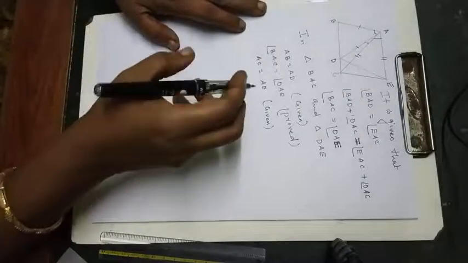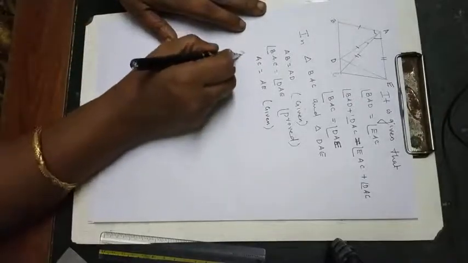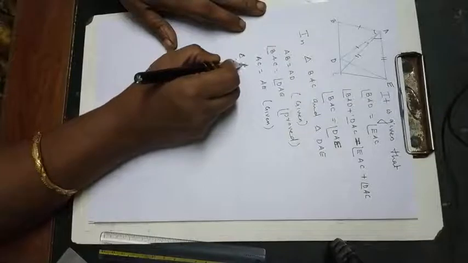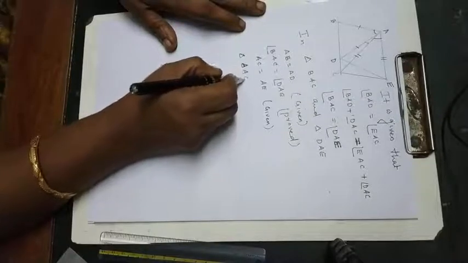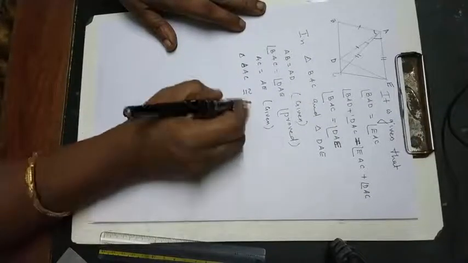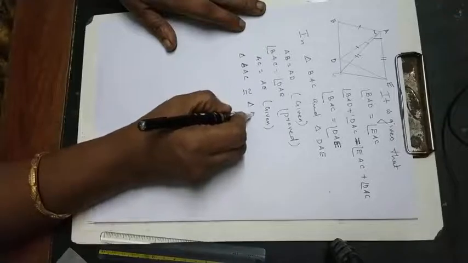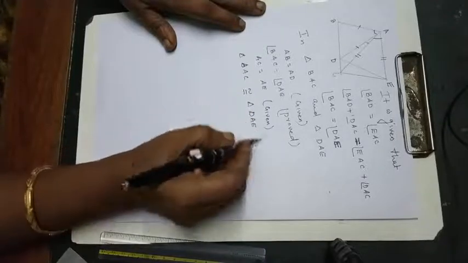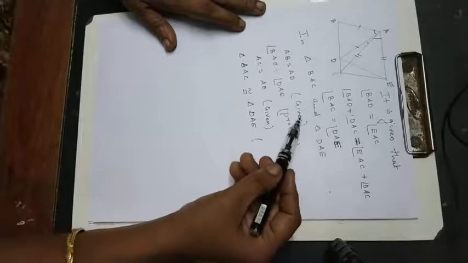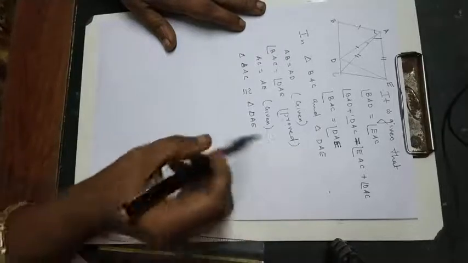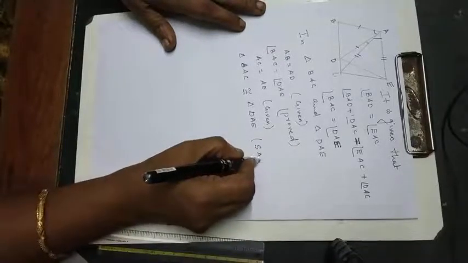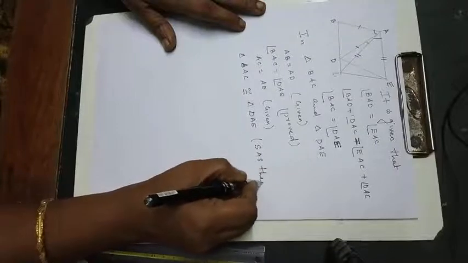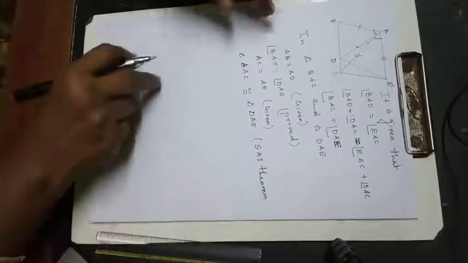Now the triangle BAC is congruent to DAE by which one? SAS theorem. Look at the sides.